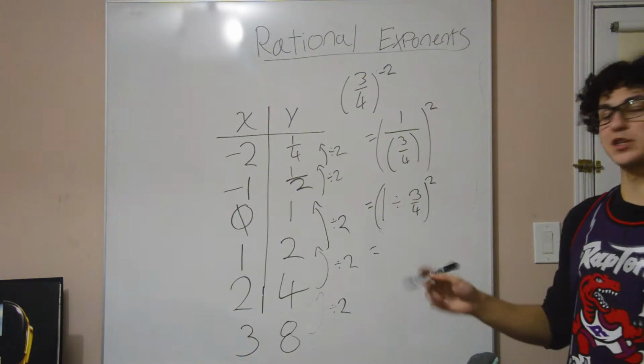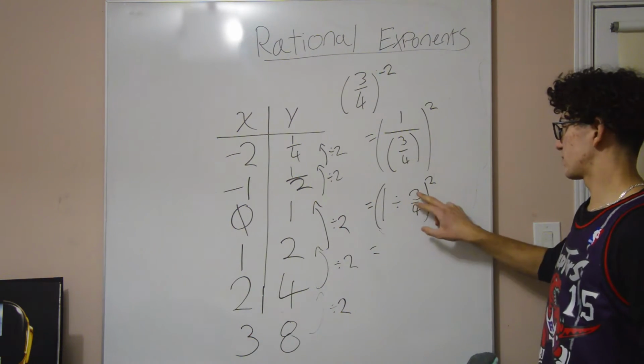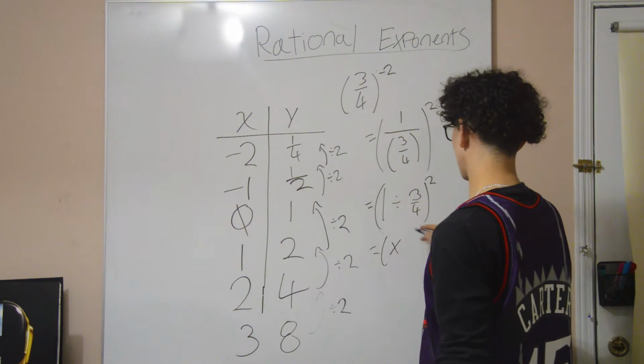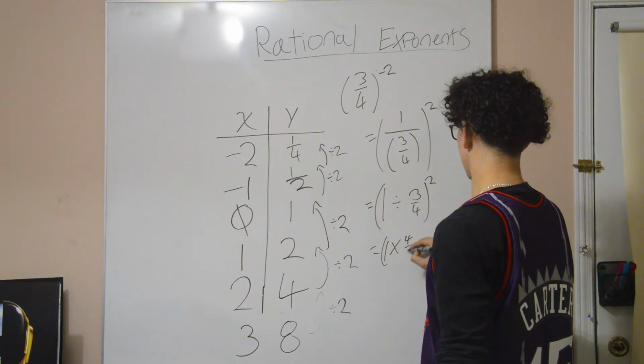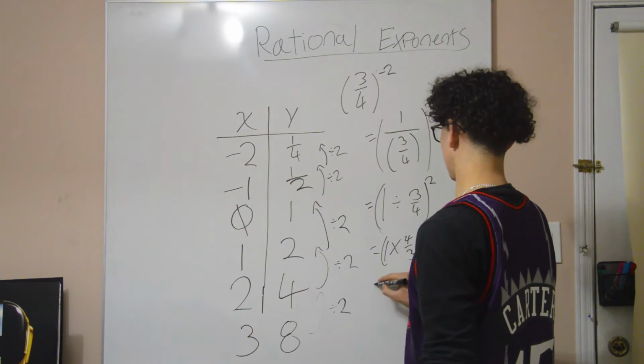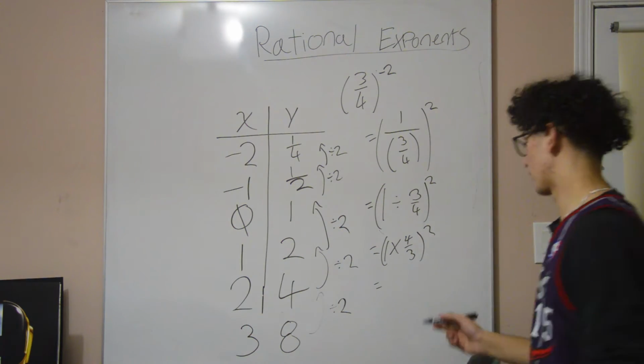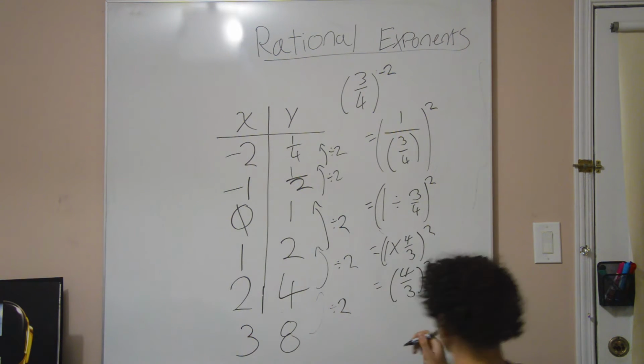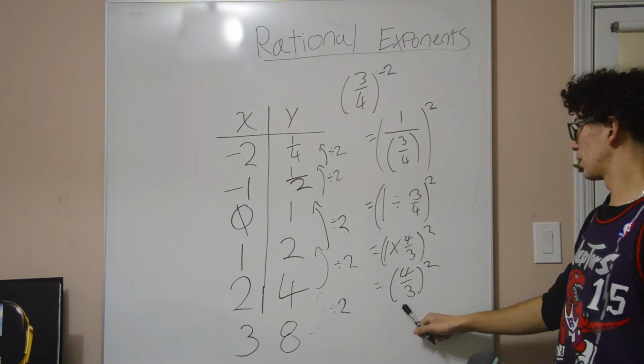When we divide a fraction, I hope you guys remember, we just flip it and turn that into a multiplication. So this becomes 1 times 4 over 3, squared. And 1 times 4 over 3 is just 4 over 3, so we're left with 4 over 3 squared.